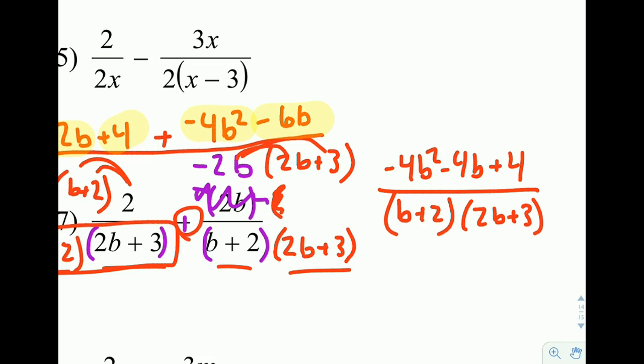The only thing that you could check for would be to see if you could factor the top, now that it's all cleaned up, if you could factor that and cancel. To check that, you would factor out the negative 4 out front, leaving you with b squared plus b, plus, or minus 1, because you took out a negative 4, so 4 divided by negative 4 is minus 1. And then from here you're looking for two numbers that multiply to negative 1 and add to 1.